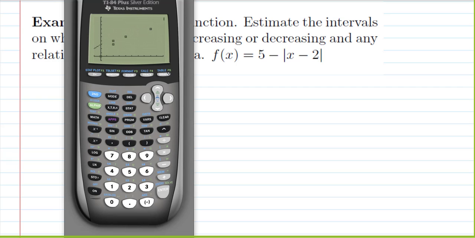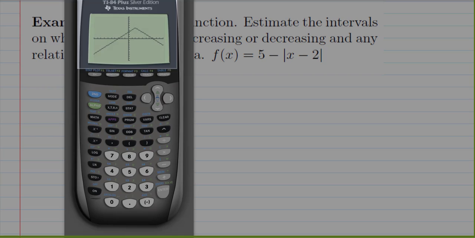And we go ahead and we press graph. And I've got mine all messed up, so I'm going to turn my plots off. So second y equals, turn my plots off. And then I want my standard window, so I'm going to hit my zoom key and choose choice number 6. And that gets us back to our regular old graph.